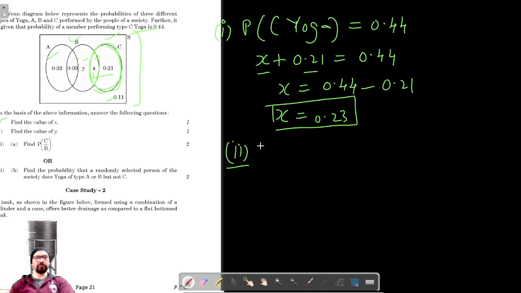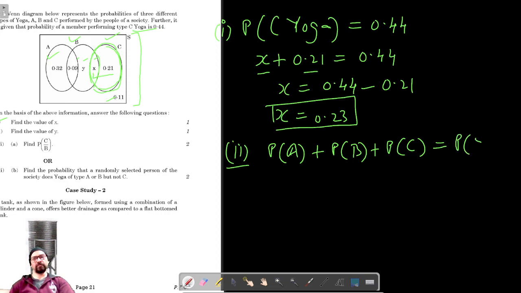That will give us the probability of the sample space. So the probability of people performing A type of yoga, B type of yoga, and C type of yoga will be the total probability of the sample space. And we know that the probability of all the events in the sample space is 1.